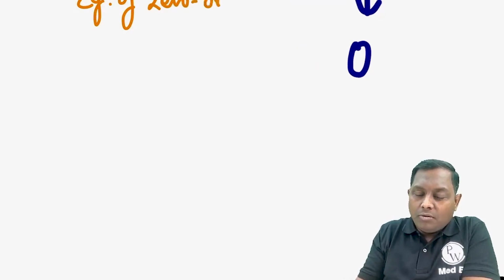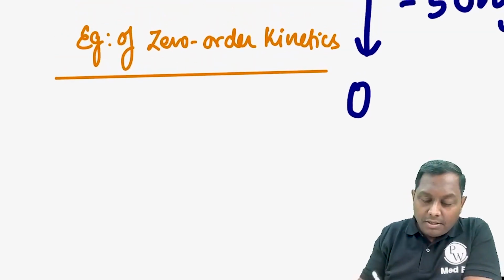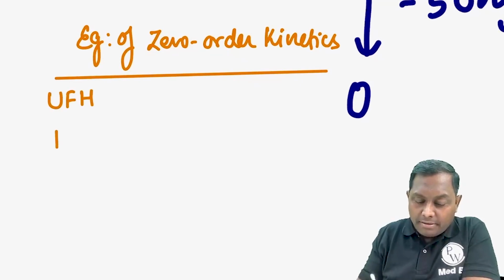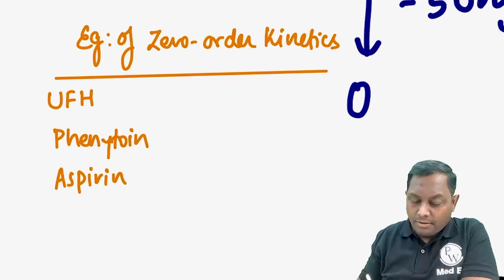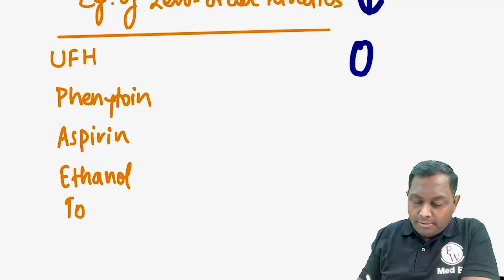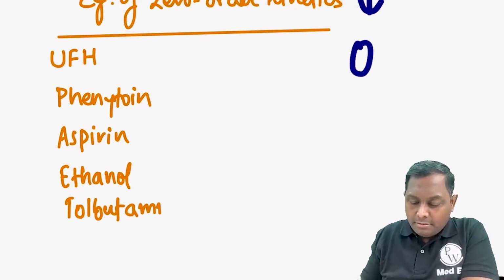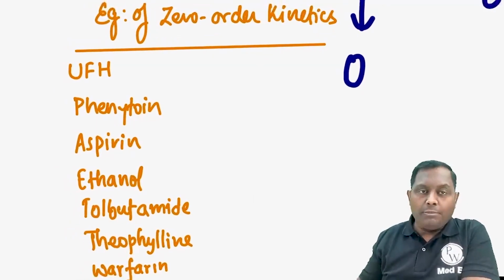So there is going to be only a handful. Examples of drugs that follow zero order kinetics: unfractionated heparin, phenytoin, aspirin, ethanol, tolbutamide, theophylline, and warfarin.